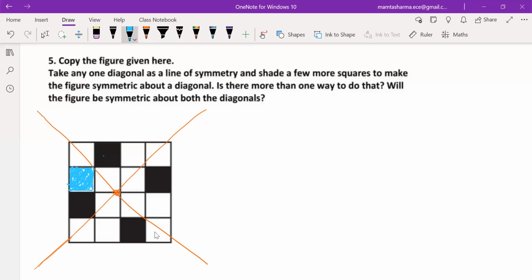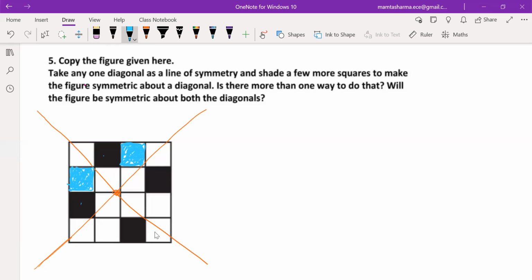Which one is the opposite square of this one? This square. Ma'am, the opposite one, right side one. This one. That's clear? Yes, ma'am. So you can paint this square so that they will look symmetrical.